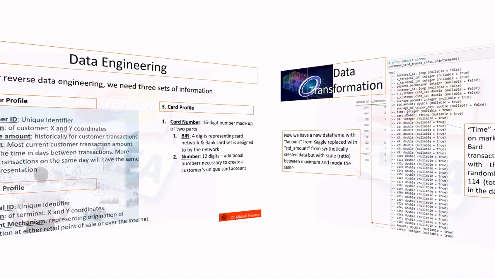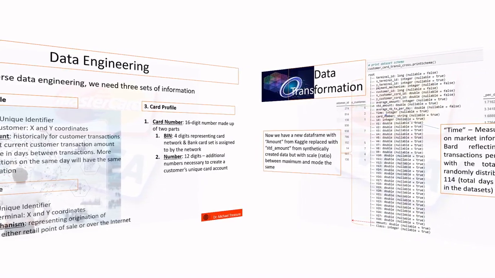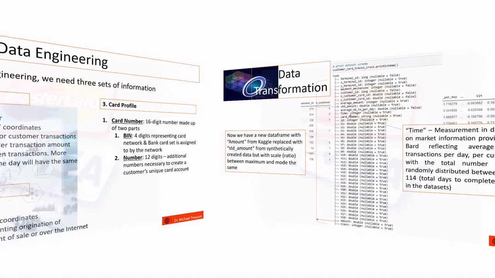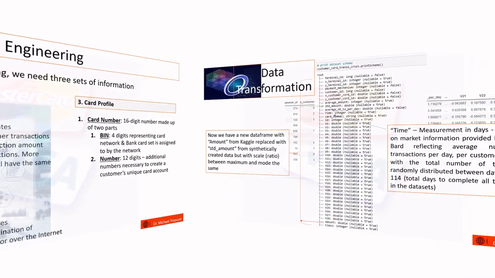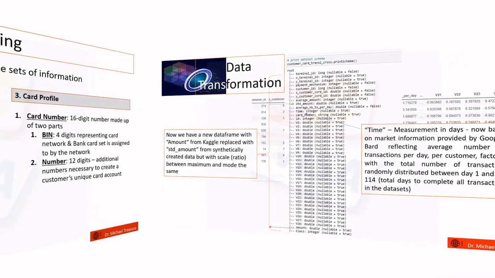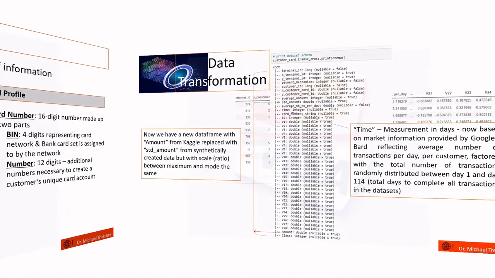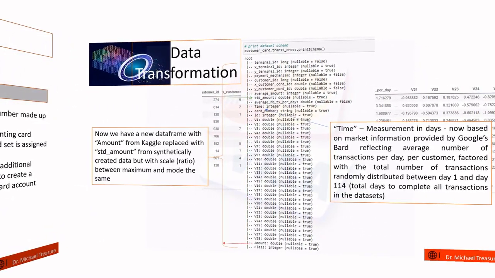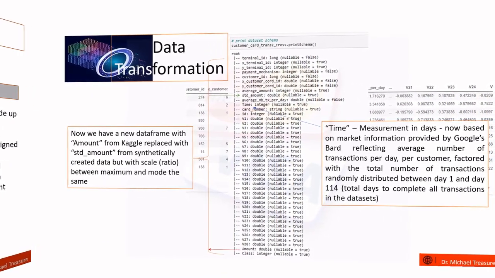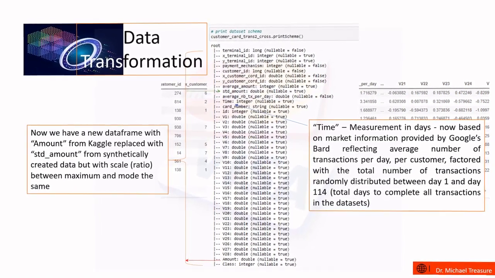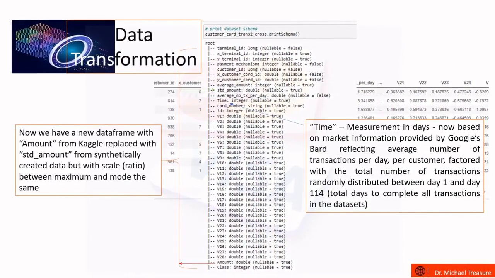Here we have now combined 4 different data sets to give us a more complete foundation for our machine learning model development and training. Going forward, for our purpose, we will replace the amount field from Kaggle dataset with our standard amount created data. However, we will maintain the scale, that is the ratio between maximums and mean, as well as the mode and mean.